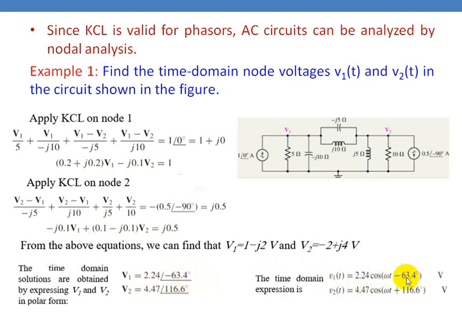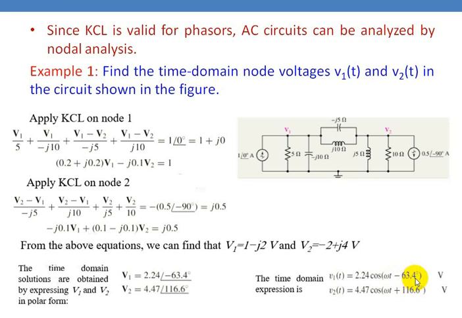So this implies that the magnitude of this voltage is 2.24, and it is making an angle of minus 63.4 degrees with respect to the reference vector, that is the horizontal vector.